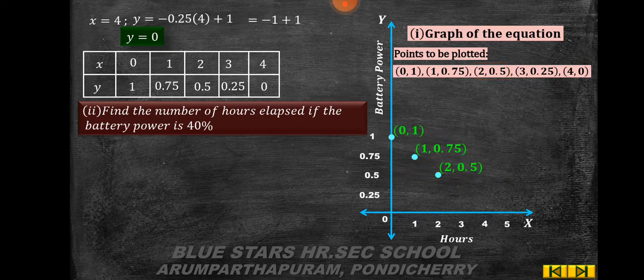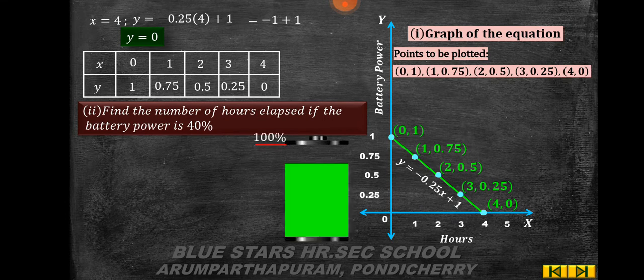The next coordinate is (3, 0.25). 3 is on the x-axis and 0.25 is on the y-axis. Then finally the last point is (4, 0). So this is the graph of the equation y is equal to minus 0.25x plus 1.